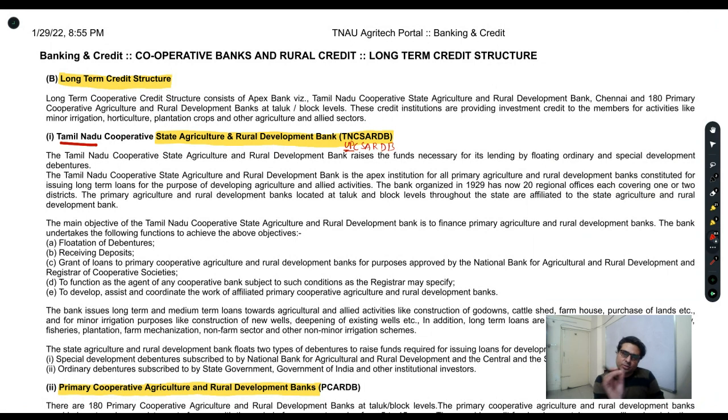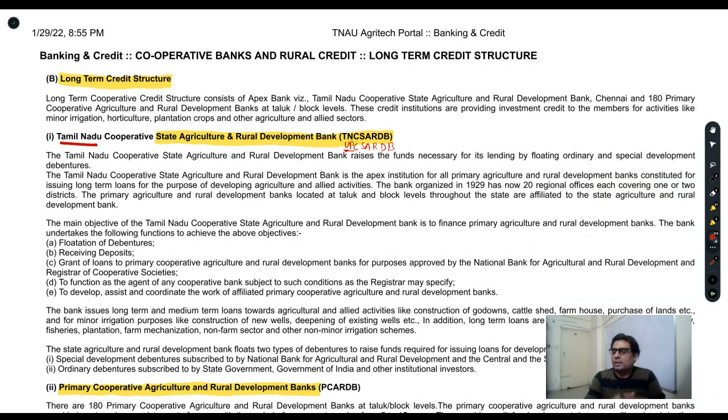So maybe some structural changes will be there, but in a nutshell, their way of functioning, their way of doing the financial activities, the areas where they finance, that is the same. Some minor adjustments or changes as per the local requirement, as per the local rural economy, right?